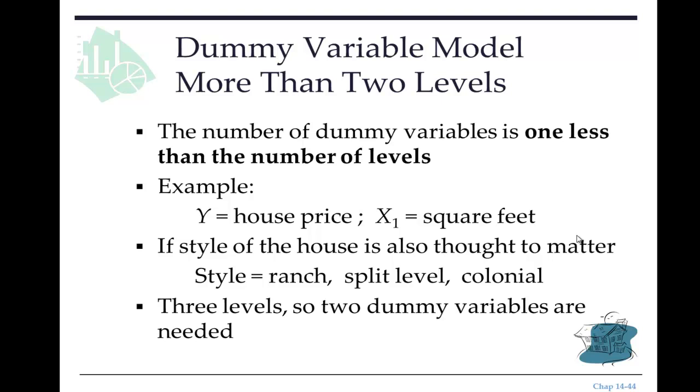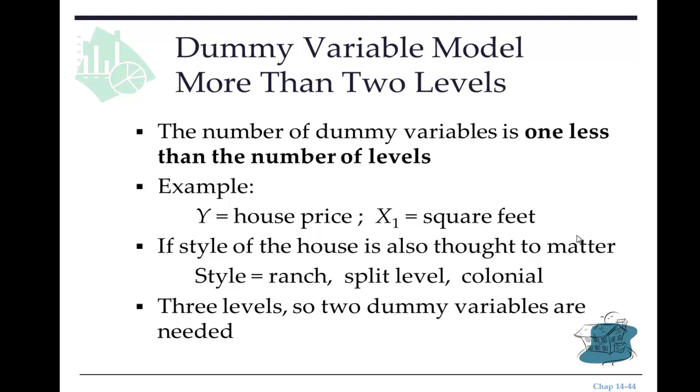So if we use 0 for ranch and 1 for split level and 2 for colonial, then it means split level numerically is one value higher than ranch, and colonial is one value further higher than split level. And using that approach, we will create some result without a clear practical meaning.